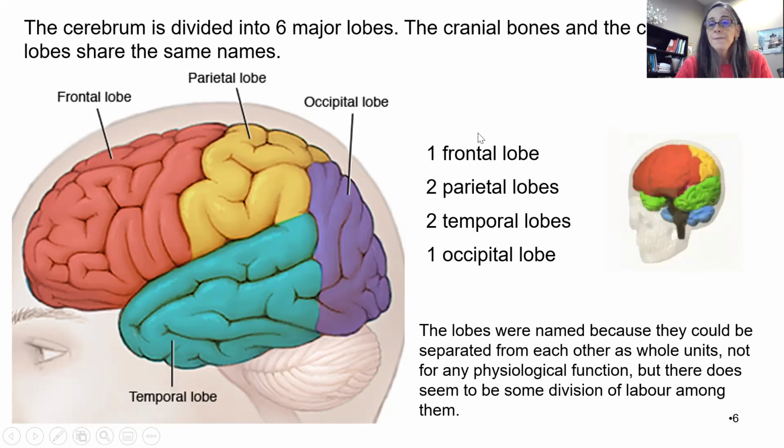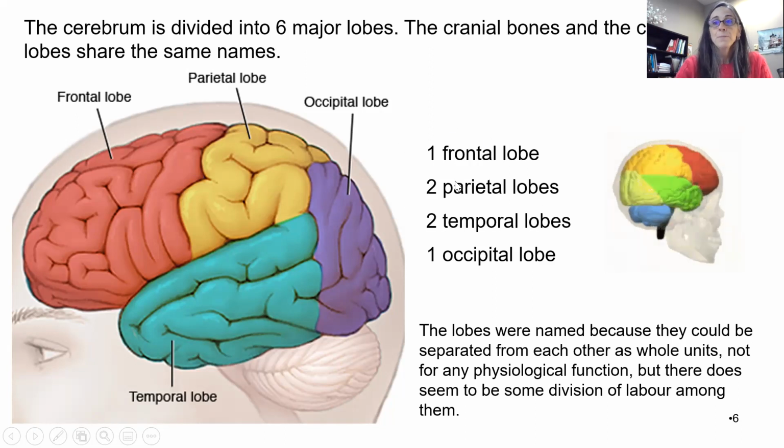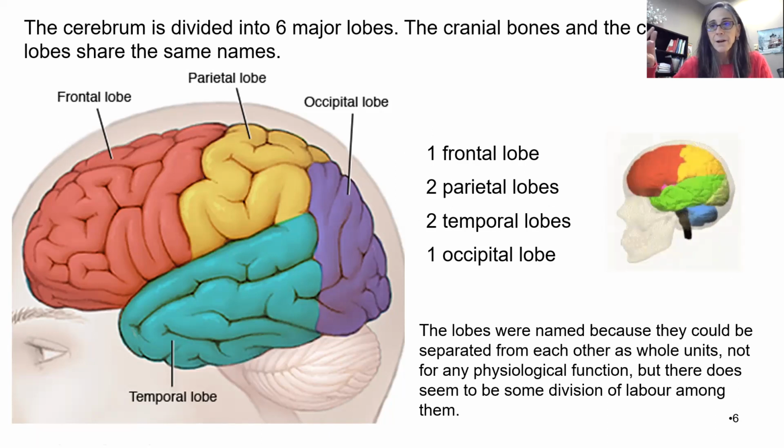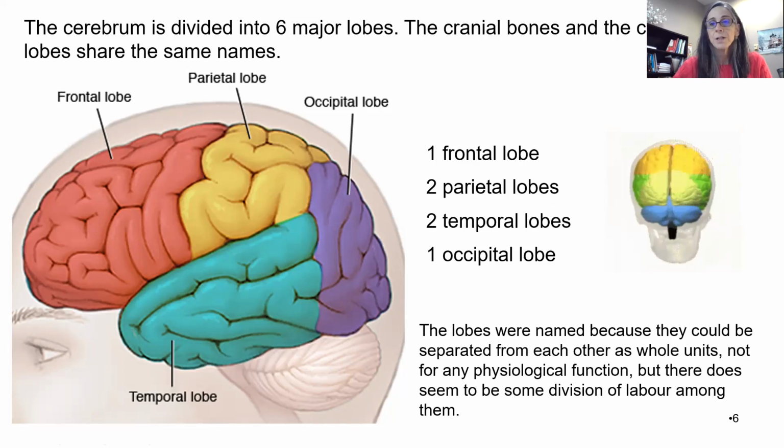So that leaves the frontal lobe and the parietal lobes responsible for other sensory information. It could be tactile, general sensory information, and motor initiation and coordination.